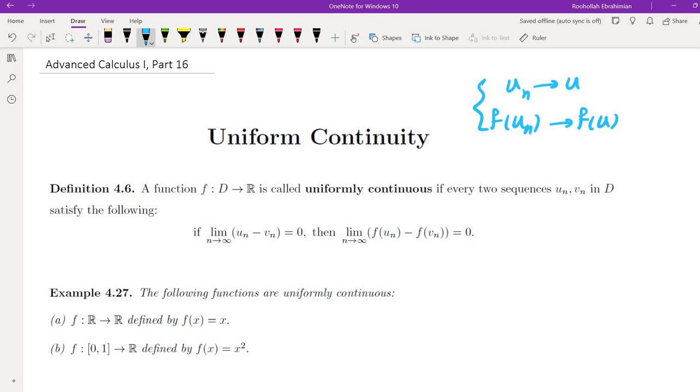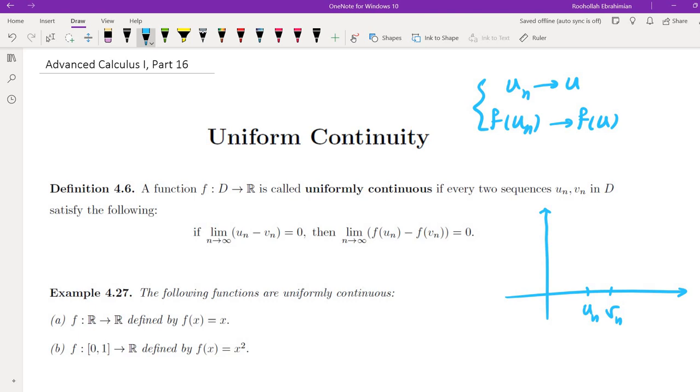Now, think about the exact same idea, but over the entire domain. What does that mean? In other words, if you have two sequences un and vn that are close to each other, you would like to make sure that the functional values are also close to each other.